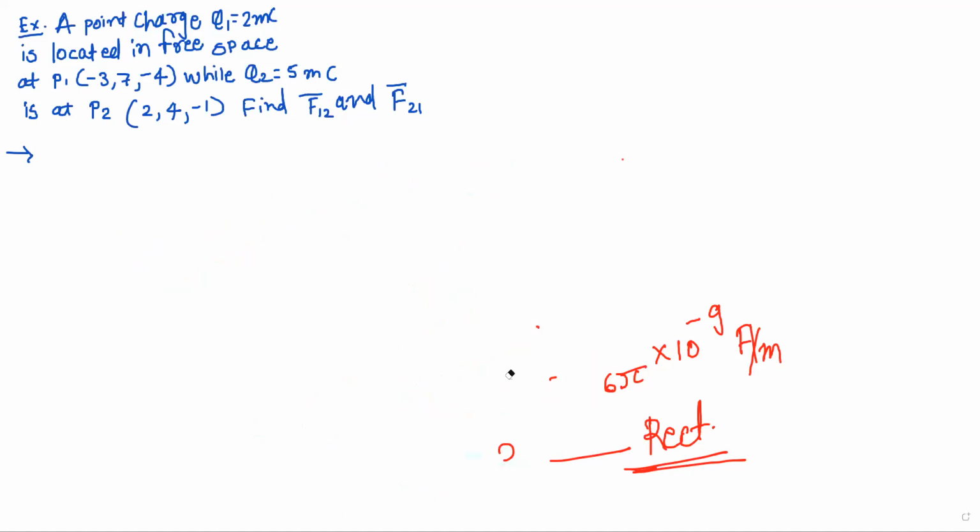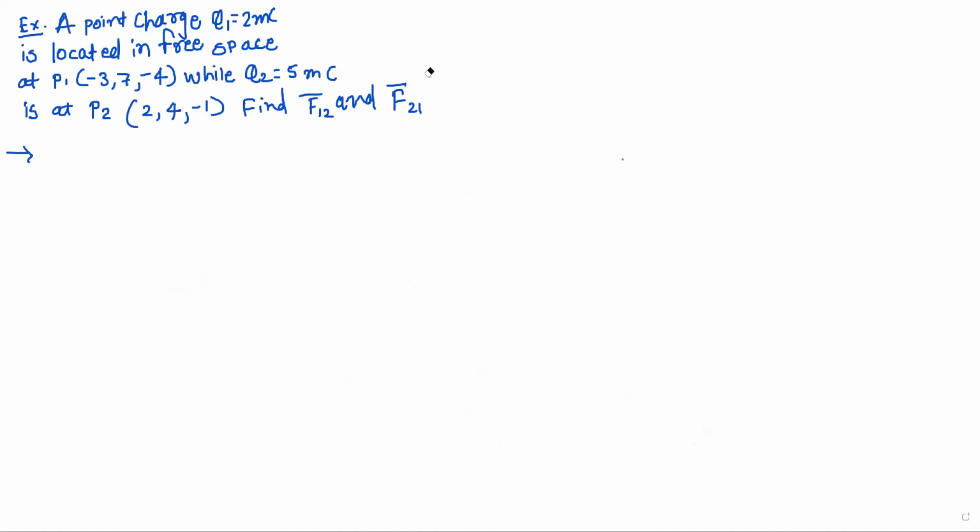Can someone tell me the first step? Draw a neat sketch. You have to draw the neat diagram from the given information. So you have Q1 here, which is located at P1.